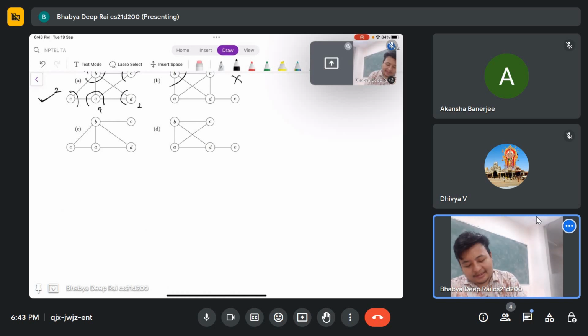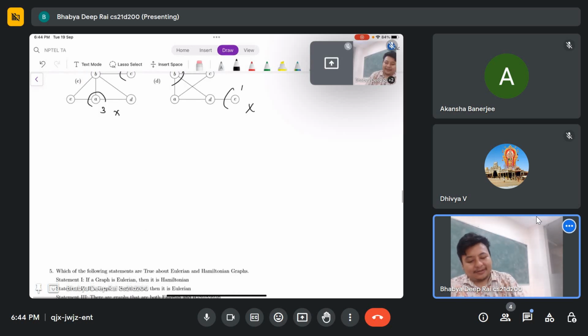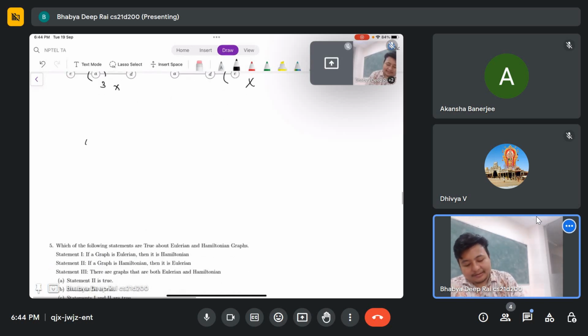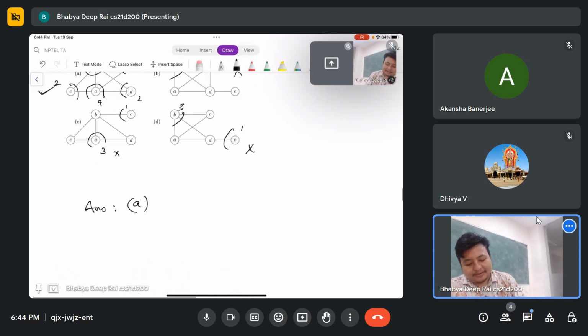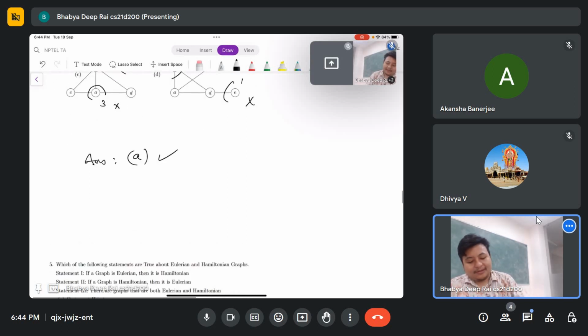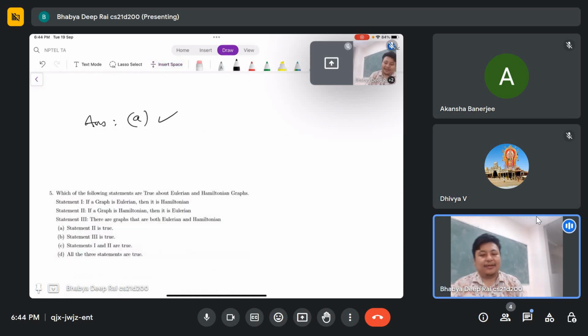Here A has degree 3, so already this is disqualified. And here B has 3, and E has 1. Here also C has 1, so already disqualified. So the answer is A. Yeah, graph A. So the answer is correct.